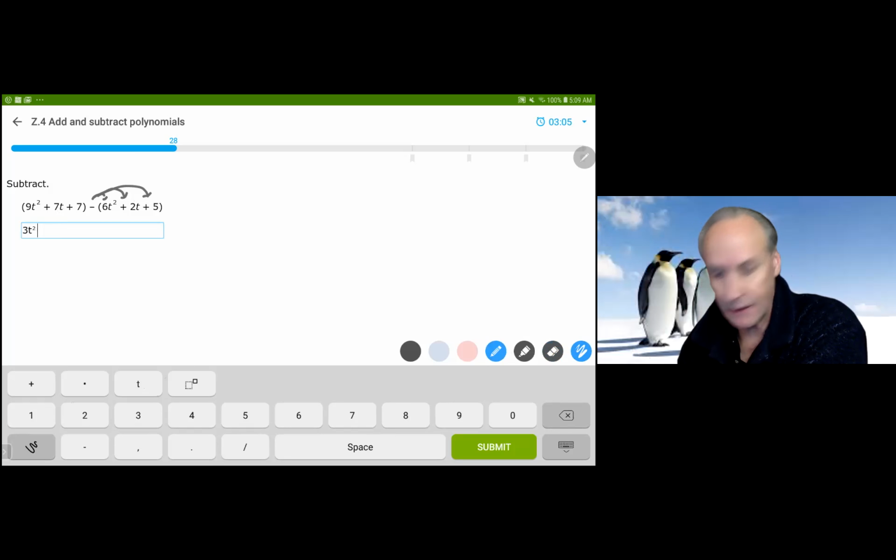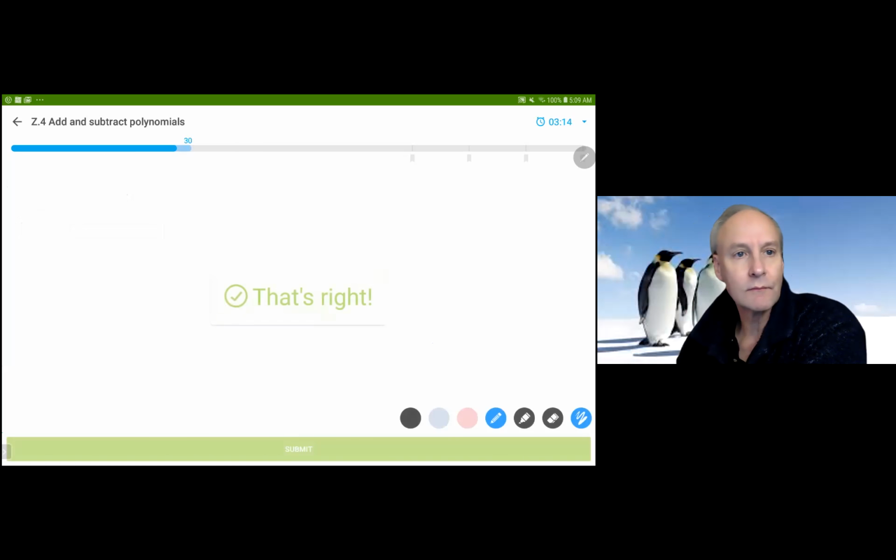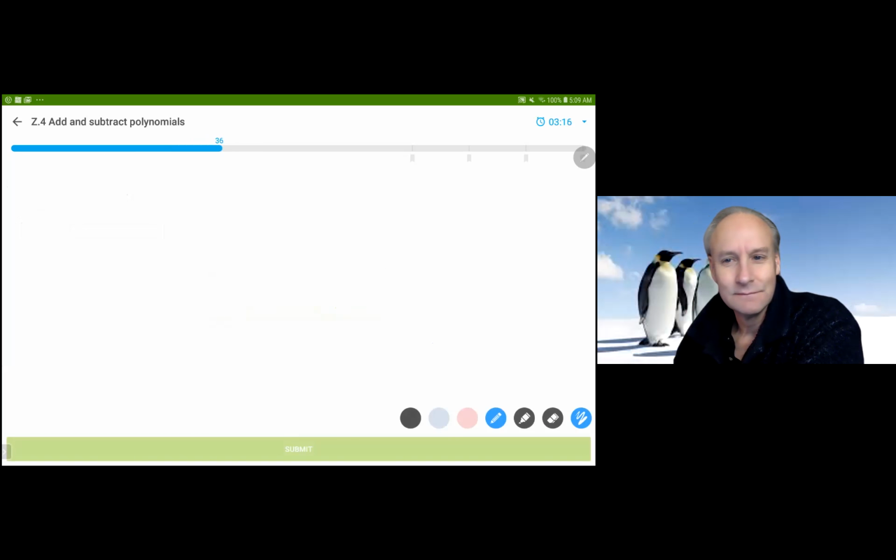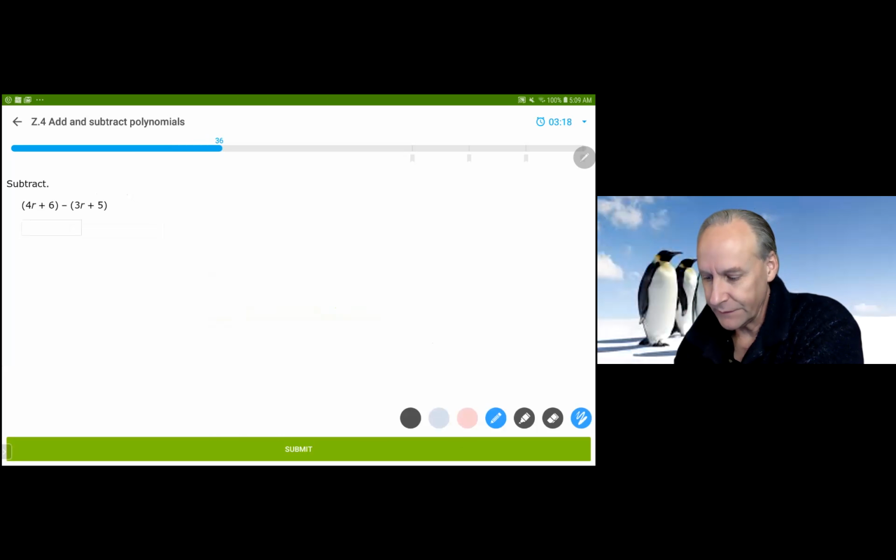Remember, I'm distributing the negative. So that's plus 5t. And then we have a plus 2. We're subtracting, so we just get r plus 1.